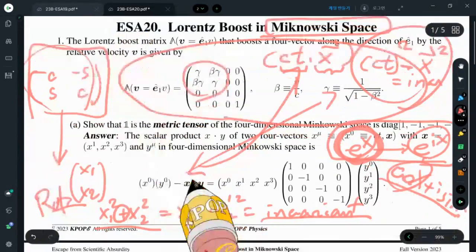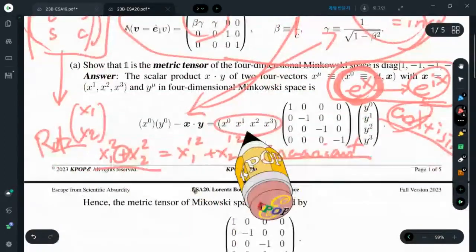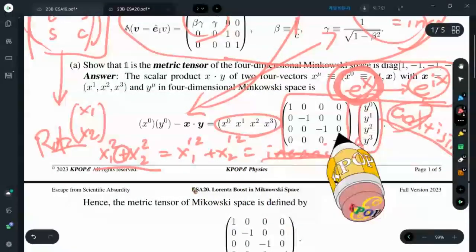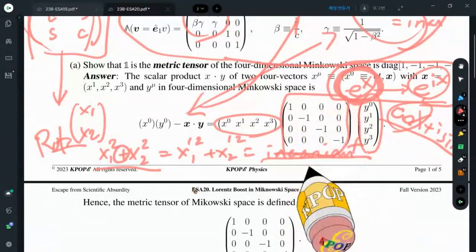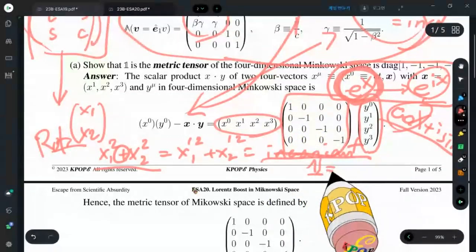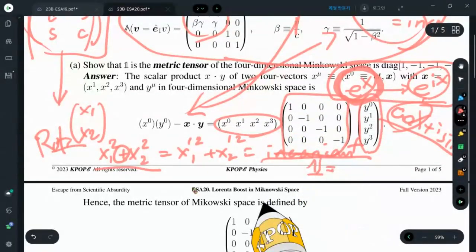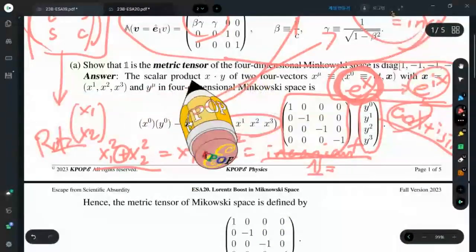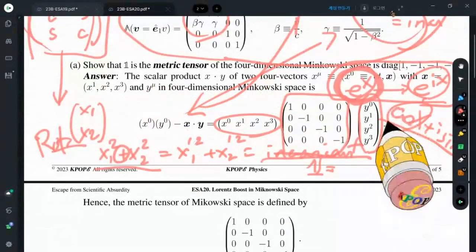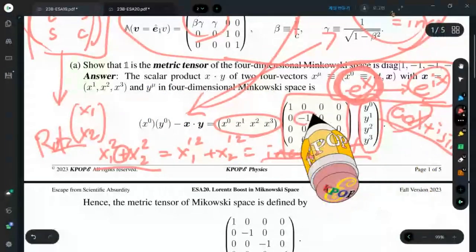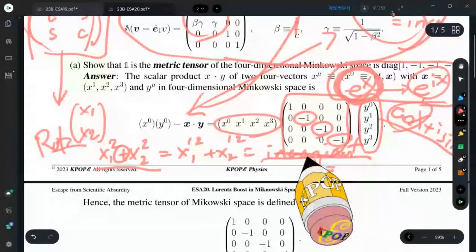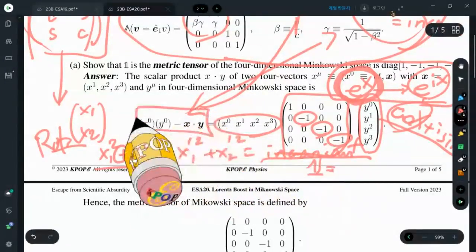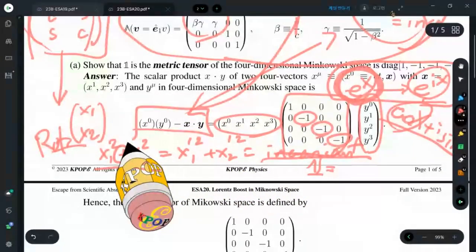Let's see. First of all, this is called the square. In Euclidean space, we have inserted identity matrix to define the distance square. In Minkowski space of four-dimensional space-time structure, we need metric tensor to define the scalar product.